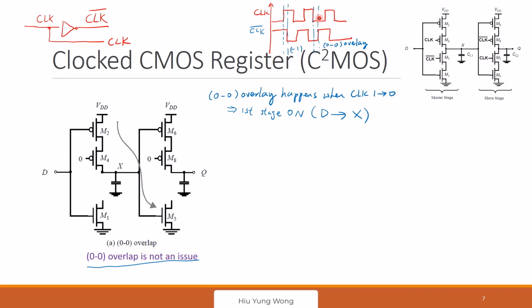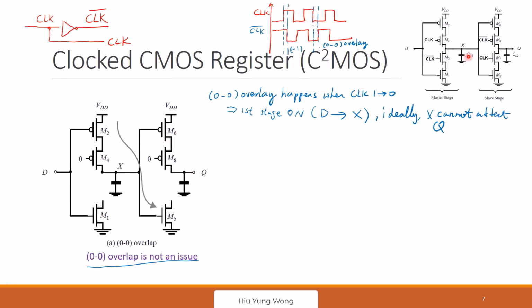When it is 0, I expect this stage to be on and then this stage to be off, right? So ideally, X cannot affect Q, right? When the clock was 1, we copied X to Q. Now it goes to 0.